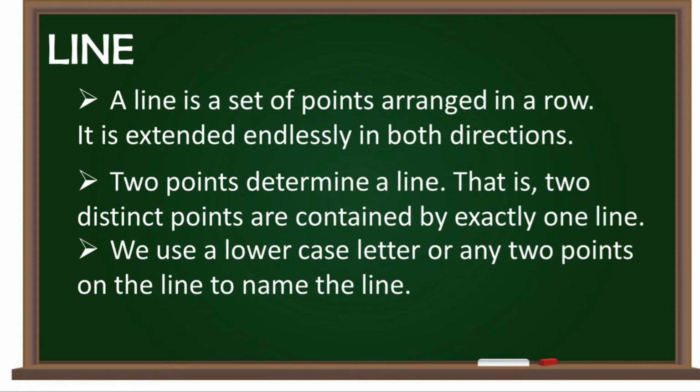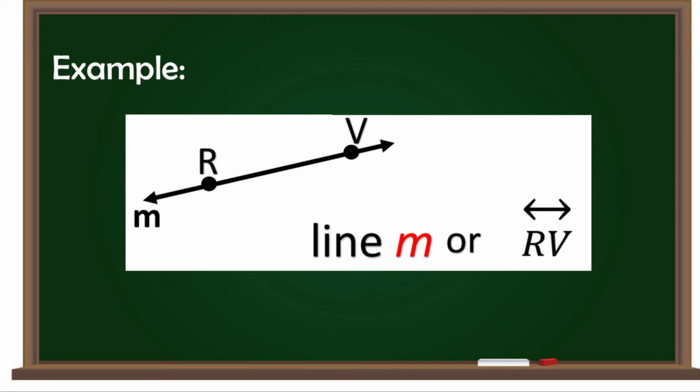That is, 2 distinct points are contained by exact one line. We use lowercase letter in any 2 points on a line to name the line. Very good! Amazing! Can you cite an example of a line? Great job! A pole, a round bar, and a string.